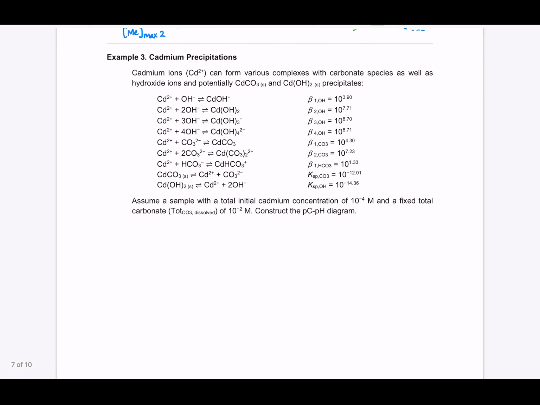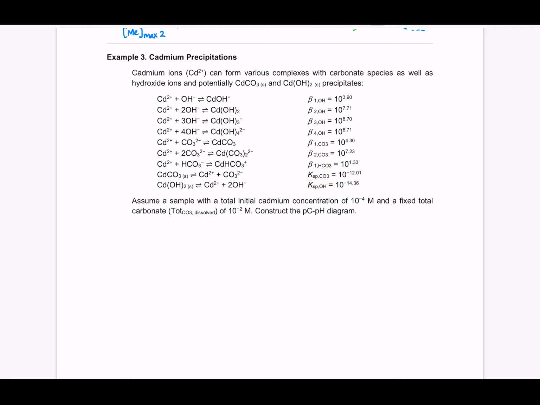So the third example is taking into account more than one possible precipitation, this time for cadmium. Just looking at what is given, we can decode what might happen to cadmium. So it seems it complexes with hydroxide up to 4, given the beta value, with carbonate with 1, 2, with bicarbonate only with 1, and it could precipitate with either carbonate or hydroxide.